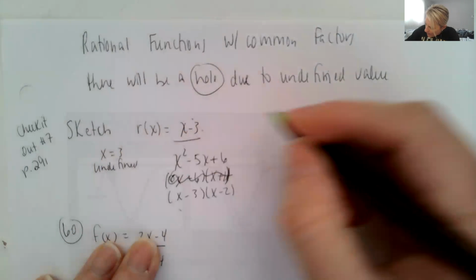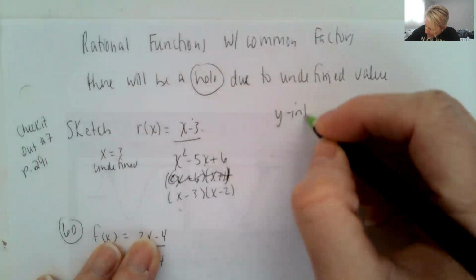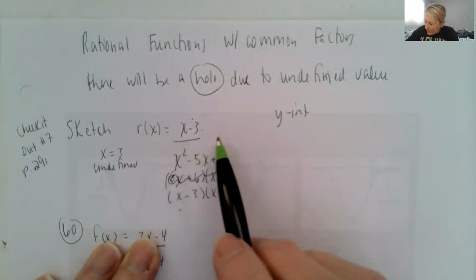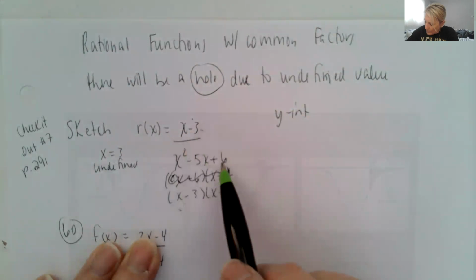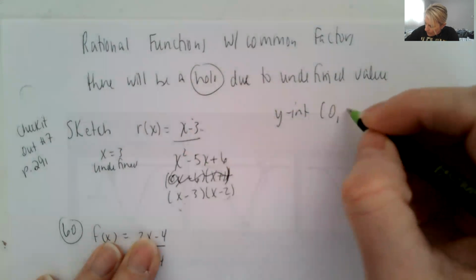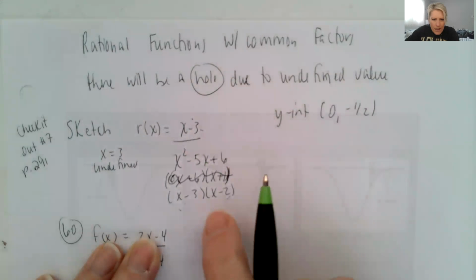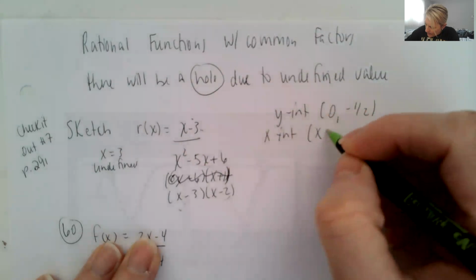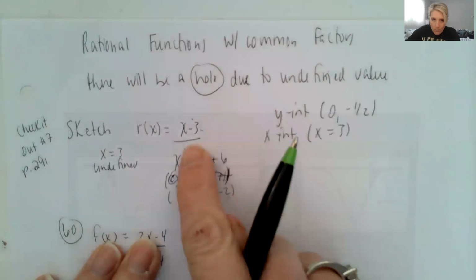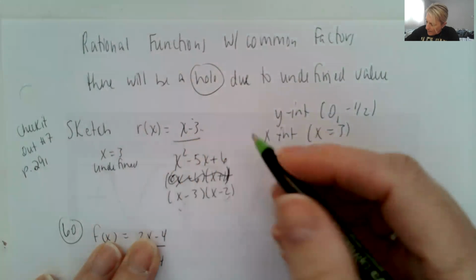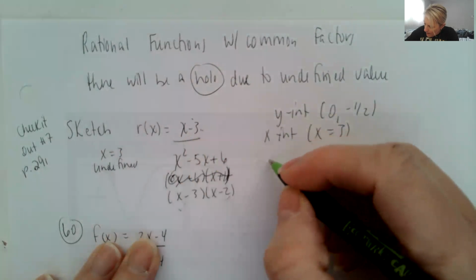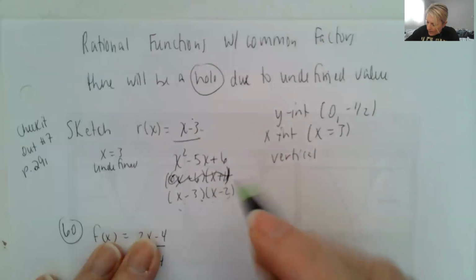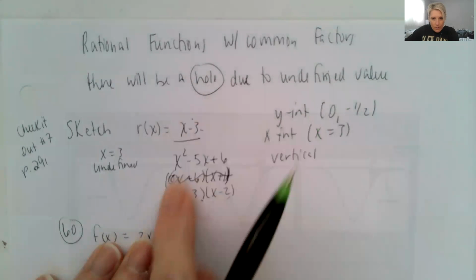And then we're going to have a y-intercept at a negative 3 over 6, so a negative 1/2. Our x-intercept is going to be at x equal to 3, where that equals 0. Our vertical asymptote, it's not going to, because these cancel, right?